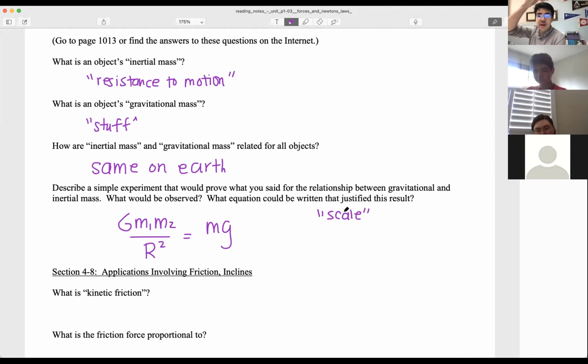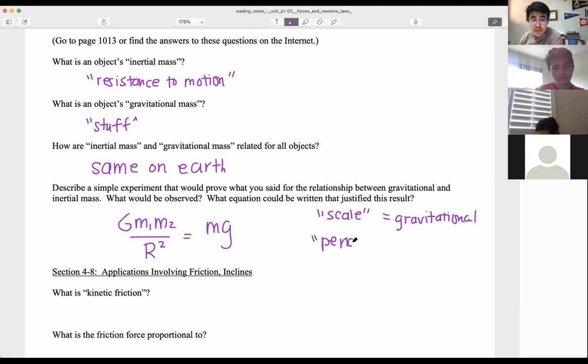A thing that you should have learned from a different chapter is maybe a pendulum, right? The pendulum would measure inertial mass, right? Because that's the resistance to motion. It's going to slow down and swing in the other direction. So scale for the gravitational mass, and then we're going to use a pendulum for the inertial mass.